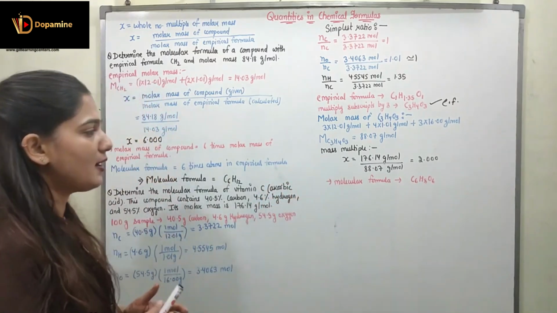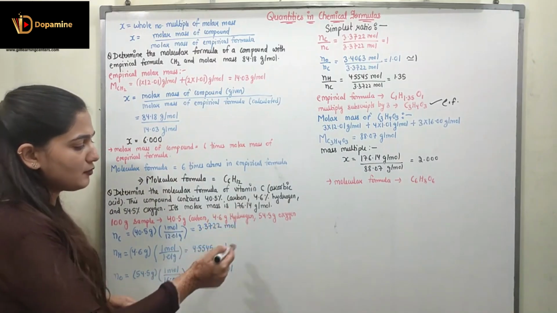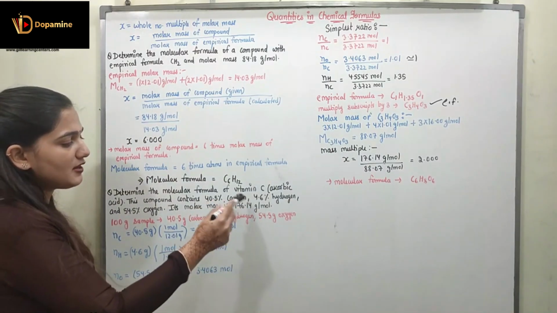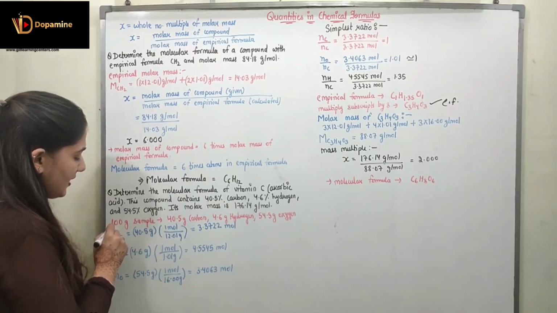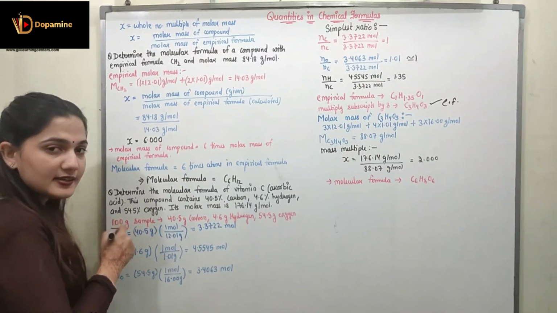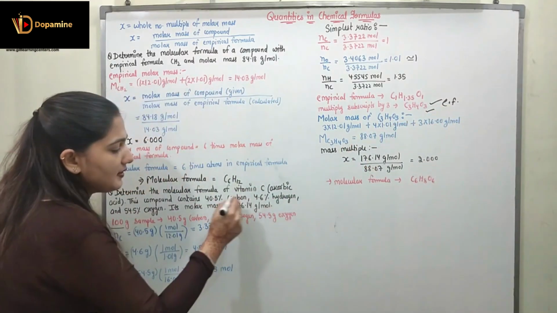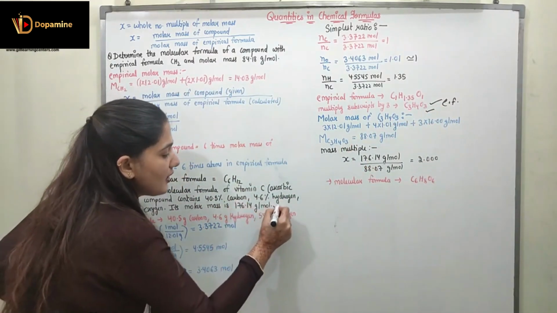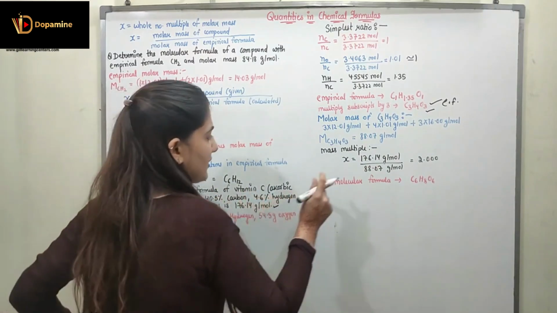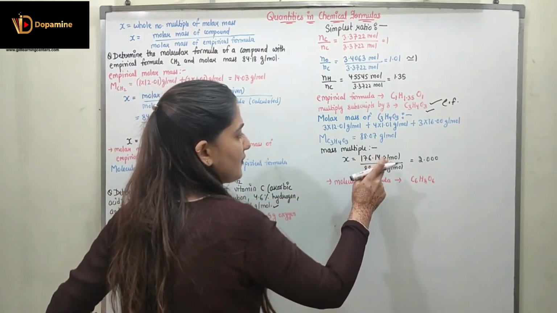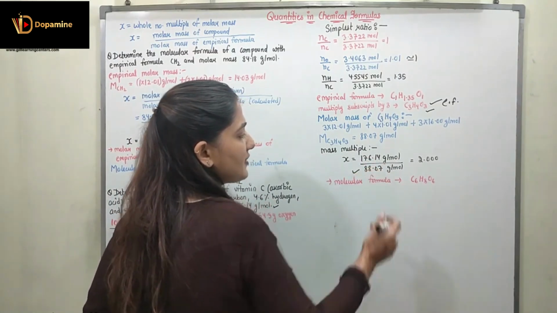So X can be found as follows. The molar mass is 176.14 gram per mole when I consider the 100 gram sample, which is used to find the empirical formula. So it is 176.14 gram per mole, divided by 88.07 gram per mole.